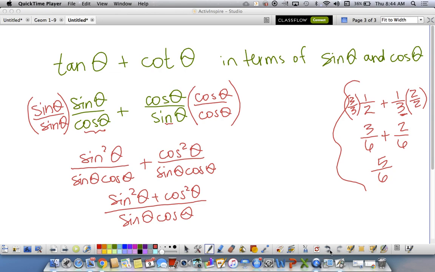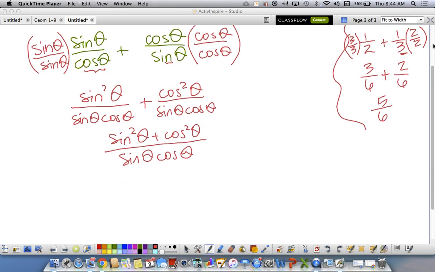I'm just going to scroll because that's what I would like to see on your paper: start at the beginning and just funnel down. So sine squared plus cosine squared is simply 1 divided by sine theta, cosine theta. Can you do anything with the bottom? Just sine times cosine, that is nothing.